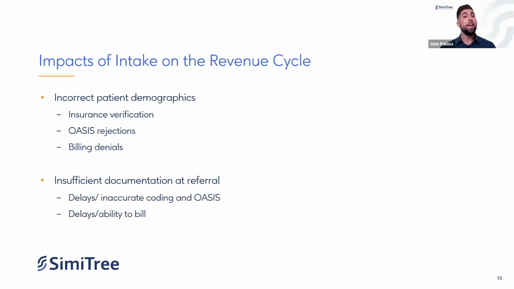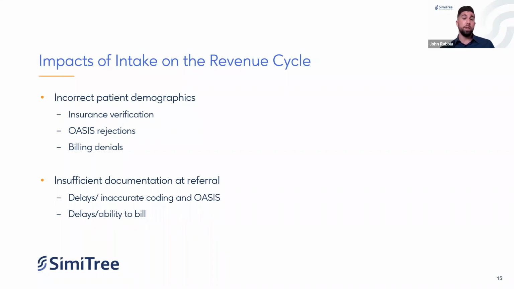Thanks, Andy. So impacts of intake on the revenue cycle. We talked about some of this before, but if we have incorrect patient information, address, insurance number, date of birth, name, we're going to get rejections and denials, and it's going to slow things down as we verify that information, correct it, and then resubmit.